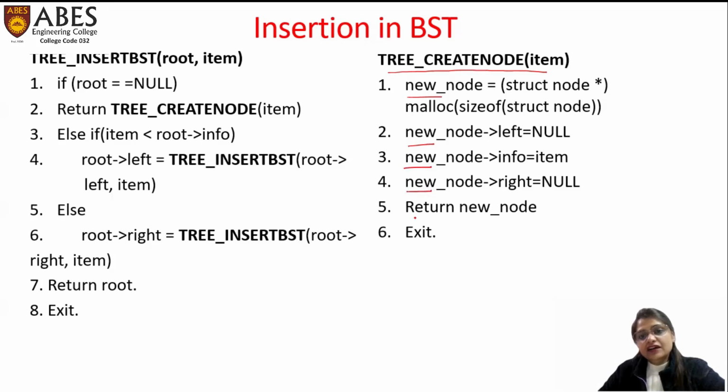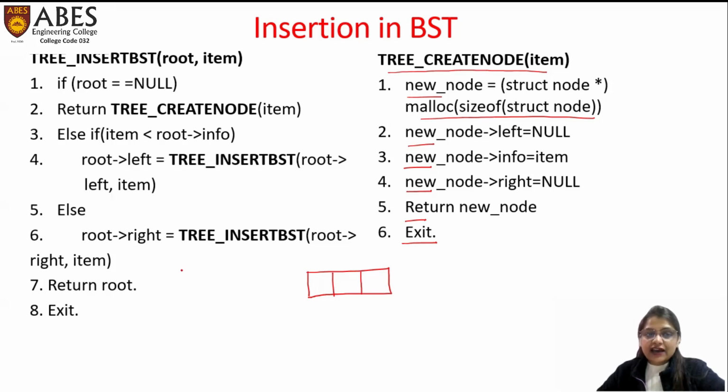Let us understand what these steps are explaining here. In the first step, there is a syntax: new node is equal to struct node pointer malloc sizeof struct node. What does it mean? This step is basically used for creating a node. We have already seen in my previous lecture how we define a structure corresponding to a node.